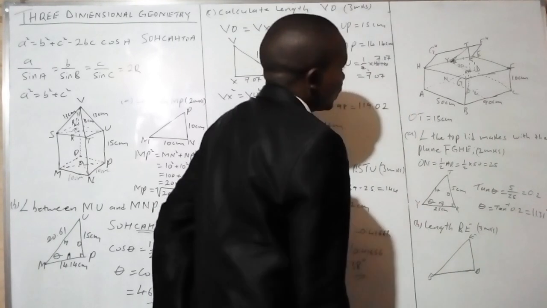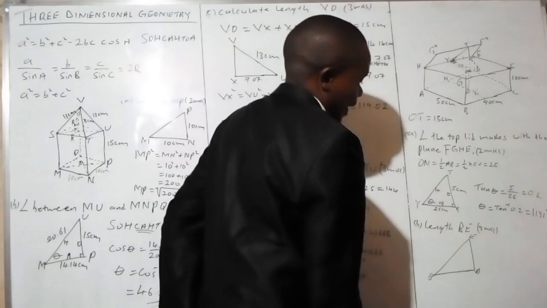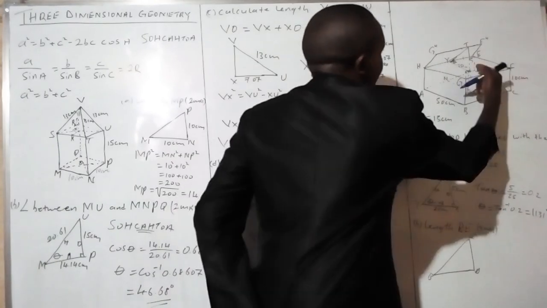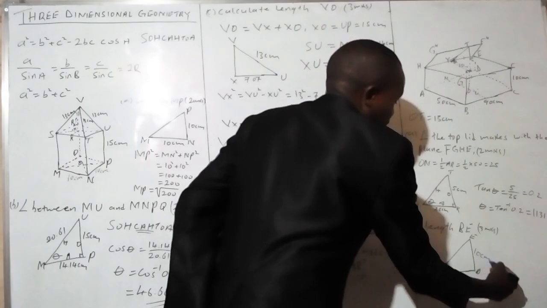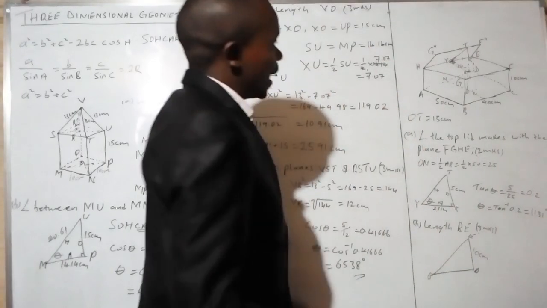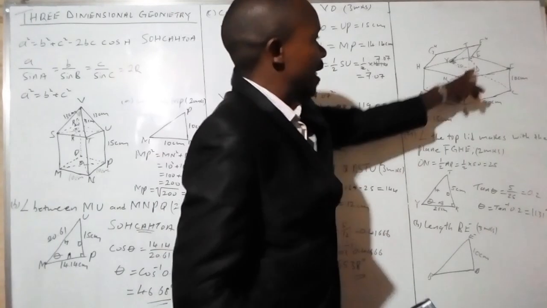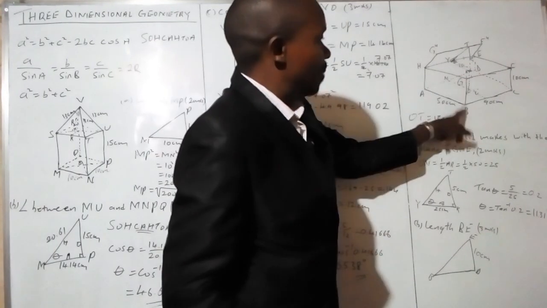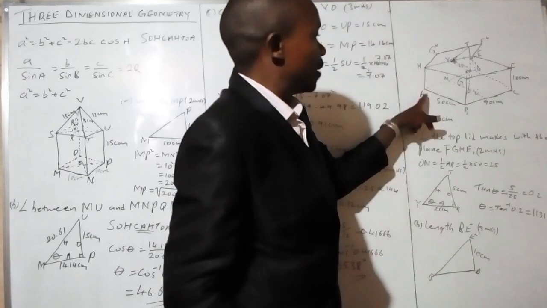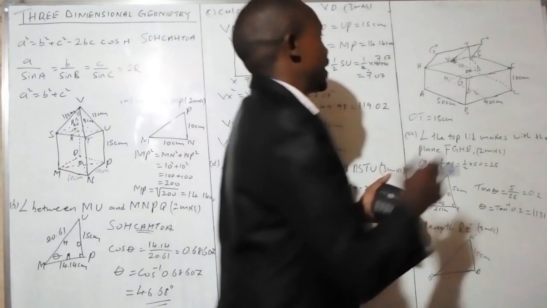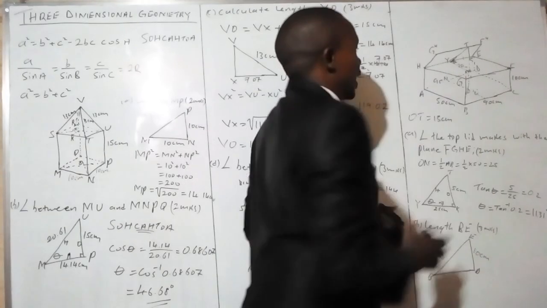Then next, we know that DE will be equal to CF, 10. So here we are going to have 10 centimeters. Then we can get BD. BC is 90, so AD will be 90 also. Then you can get BD using the Pythagoras theorem.